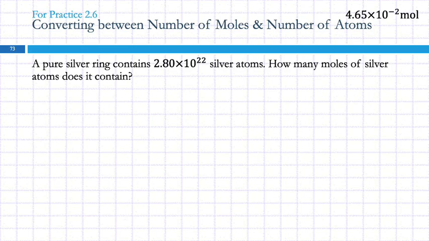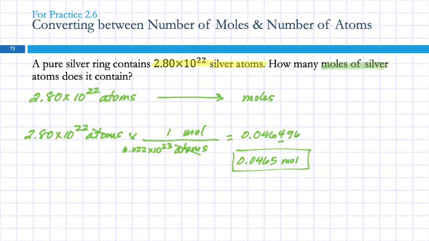So here the number was written in scientific notation. I did not write it in scientific notation here. When should you write it in scientific notation? Well, sometimes it's an exam or Mastering Chemistry, and it tells you to use scientific notation.